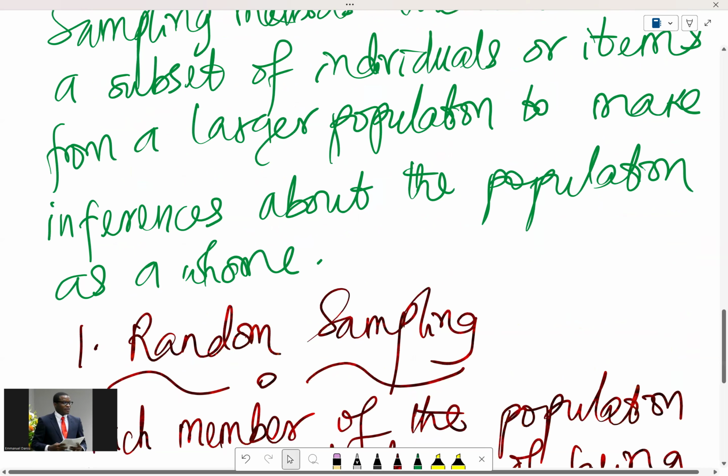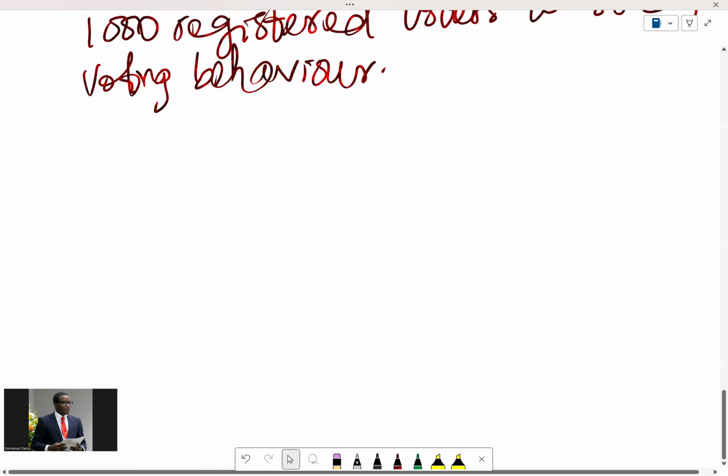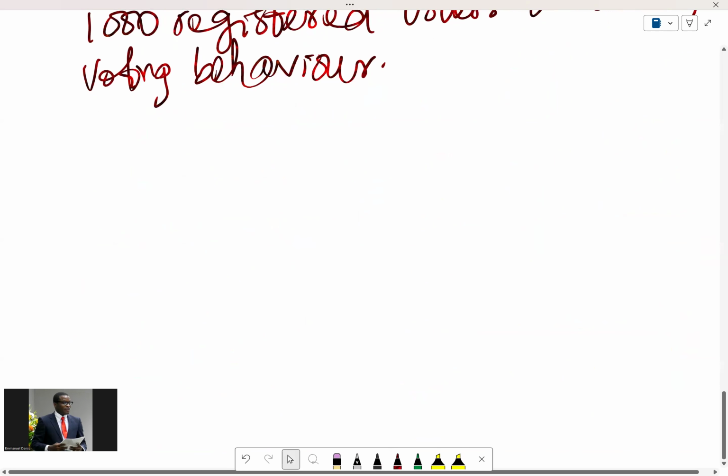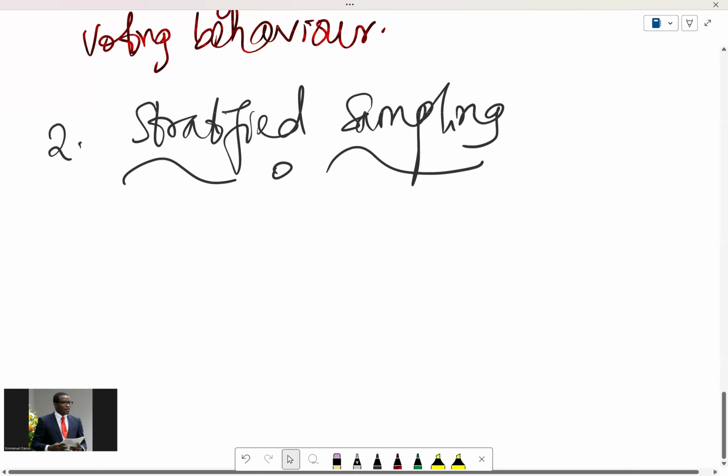Then we can also talk about another sampling method, which is the stratified sampling. Stratified sampling.